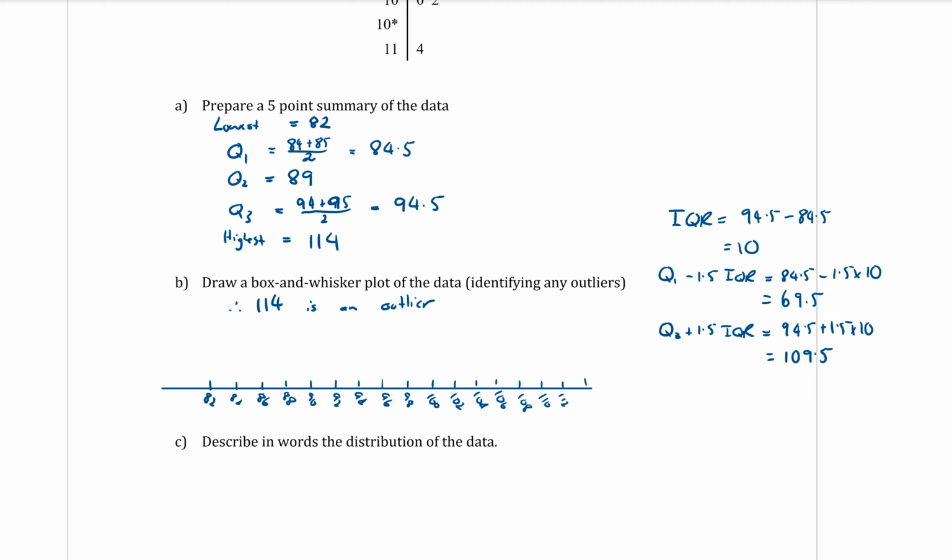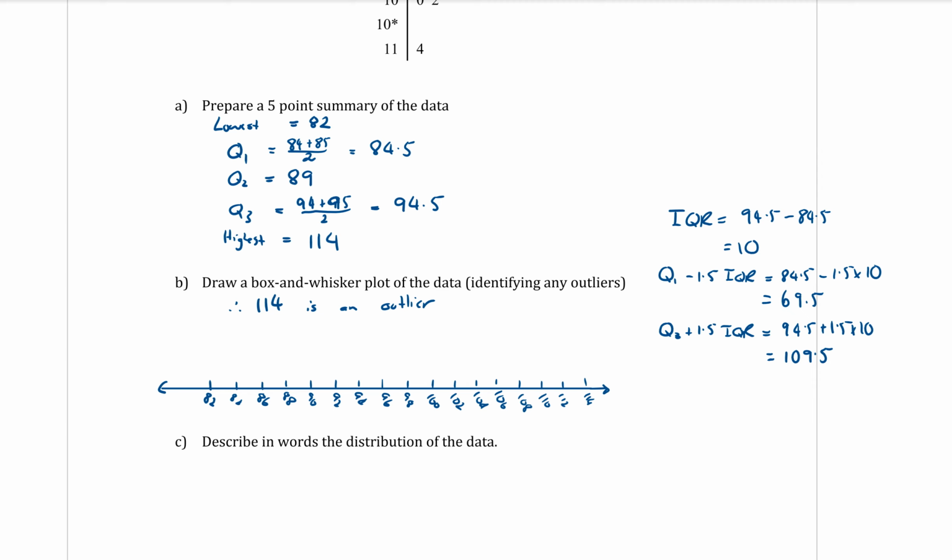Perfect number of spaces. So I have an outlier, which means I'm going to put a cross on the 114.